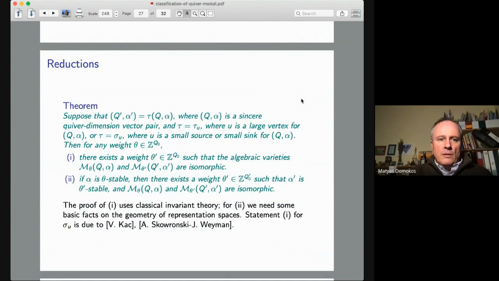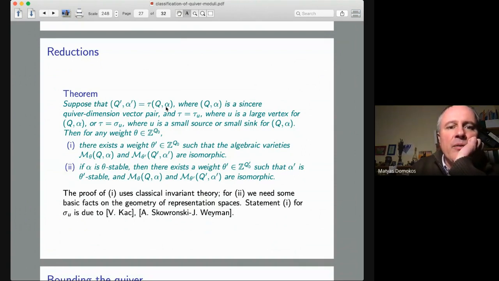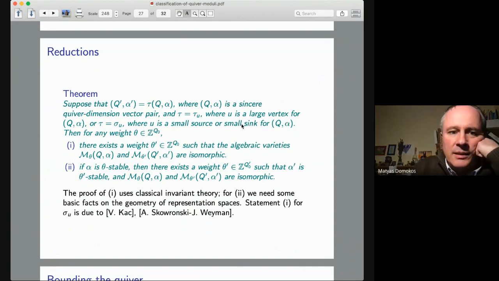And we have this theorem: suppose that Q prime, alpha prime is obtained from the pair Q alpha by applying such a transformation, tau U, where U is a large vertex, or sigma U, where U is a small source or a small sink.